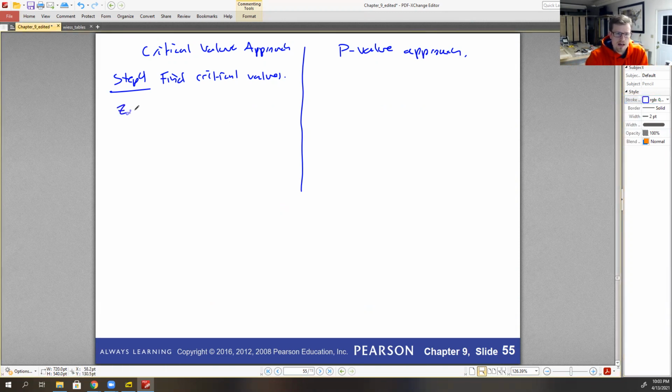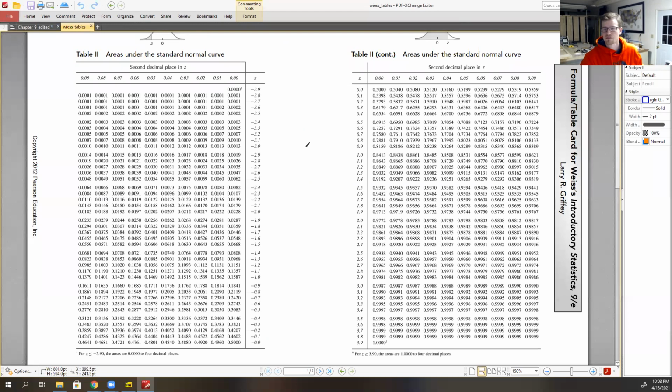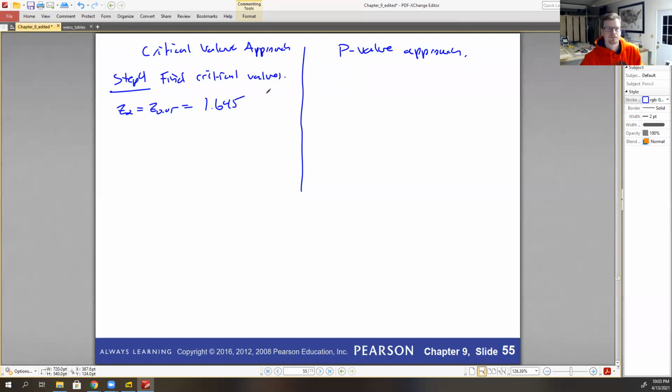So z sub alpha is z sub 0.05, which we've computed a few different times in the past, and we should hopefully be familiar now that this is 1.645. If you weren't sure of that, you can find this on table 2, and I do have that here. We'll reference that shortly for the p-value approach.